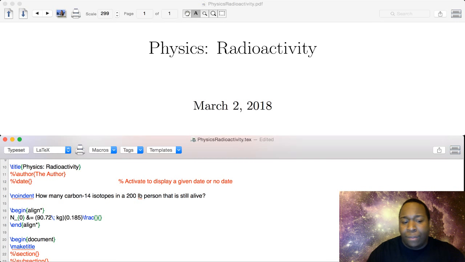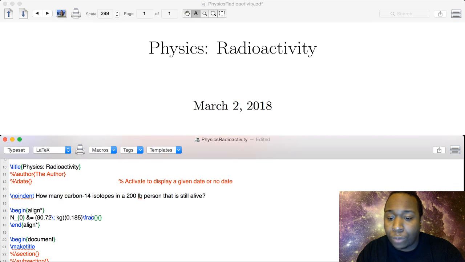And the very last thing we're going to want to do, now that we've set up the math for how much carbon is within the human body, is figure out how much of that carbon is actually carbon-14. Now remember that our body is composed of different types of carbon. You have your carbon-12 in there, and you have your carbon-14.